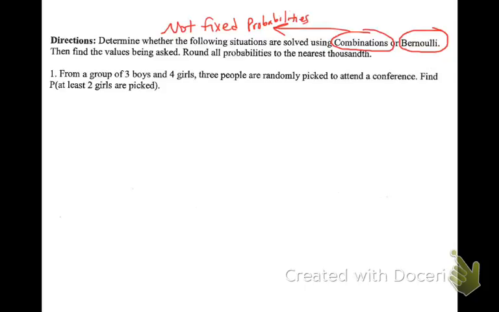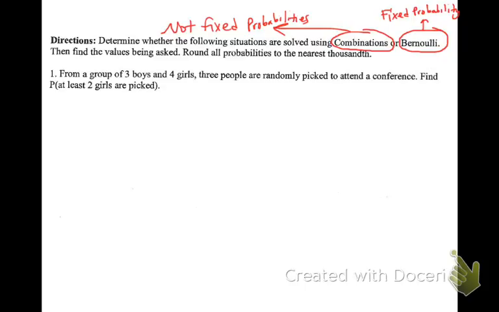Bernoulli, however, as we mentioned yesterday, has the property that it always has a fixed probability, meaning that for each trial, the probability that you're looking for will not be changing each time. So that's really the question you're going to be asking yourself. Is the probability fixed or not fixed?